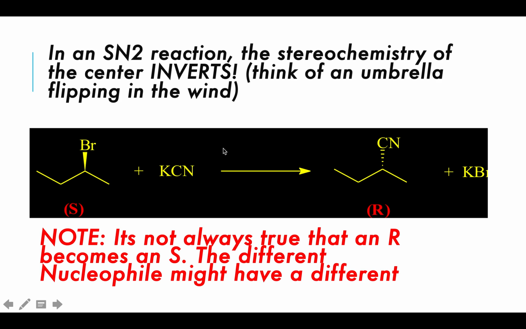And this could oftentimes mean that you could have, let's say, an S molecule and 100% of your product will be an R molecule. But note, it's not always true that an R becomes an S or an S becomes an R. What's only true is that the orientation of your tetrahedral changes. Because again, R and S depends on the priority. So the Cahn-Ingold-Prelog priority numbers.